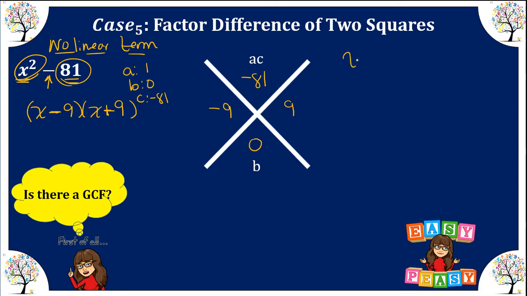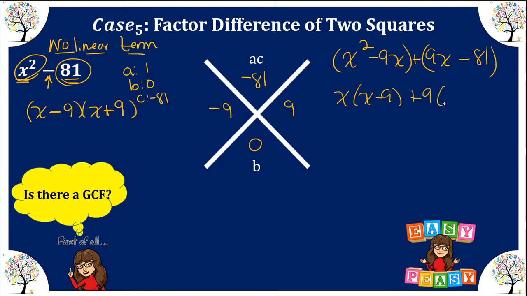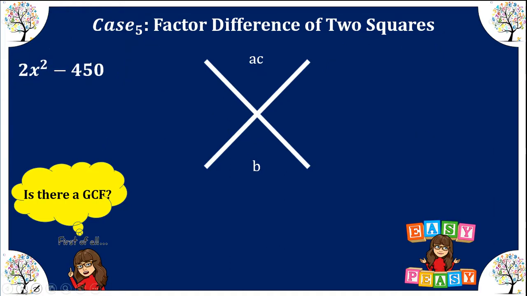When we rewrite, we get x squared minus 9x plus 9x minus 81. We're going to group the first two and the last two. We're going to factor out the greatest common factor. And we're going to group the GCFs and the common factor. And you see we have the same result.